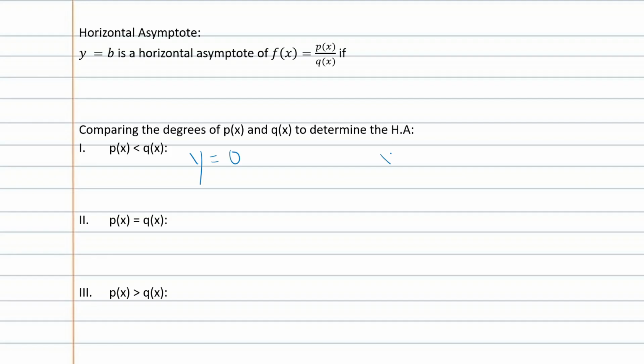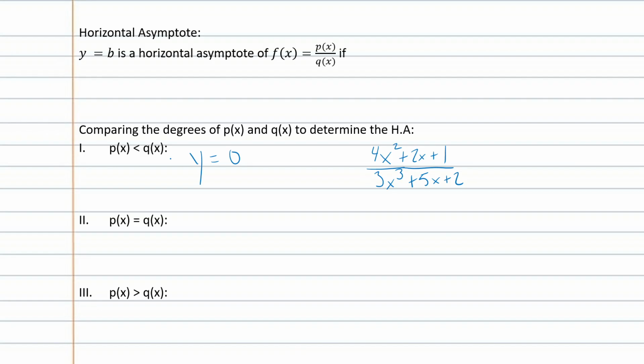A case like this might be where you have x squared over 4x squared plus 2x plus 1 all over, say, 3x to the third power plus 5x plus 2. The highest degree of the numerator is smaller than the degree of the denominator.